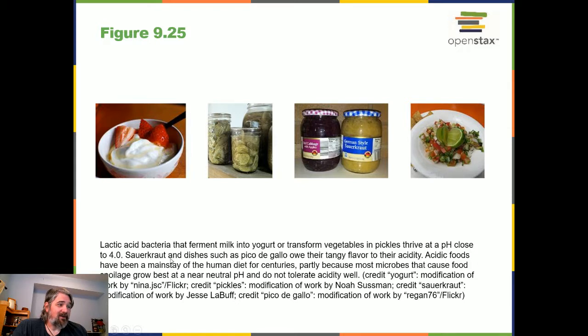And so sauerkraut and pico de gallo owe their tangy flavor to their acidity. Anyway, this acidity reduces food spoilage. When you get down to the acetic acid range, your 4.0-ish area, a lot of the mesophiles that live in humans are inhibited by pHs that go even just that low.